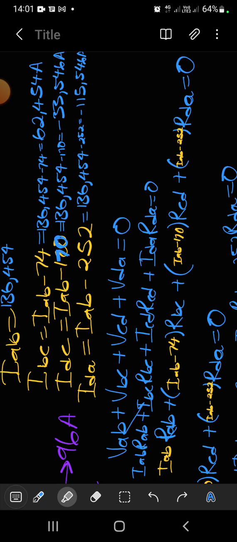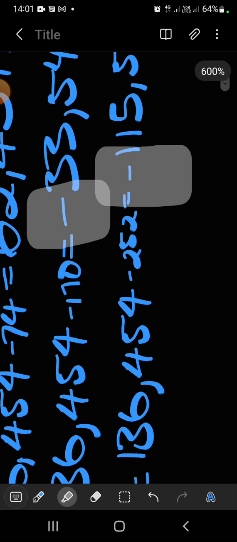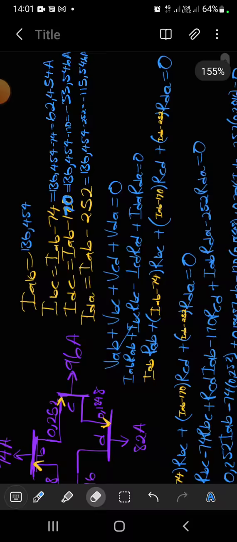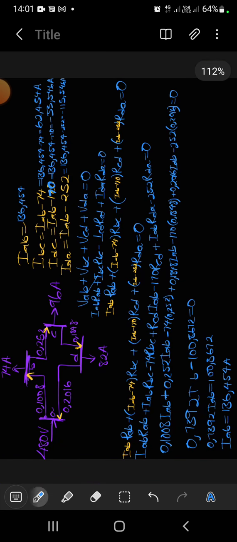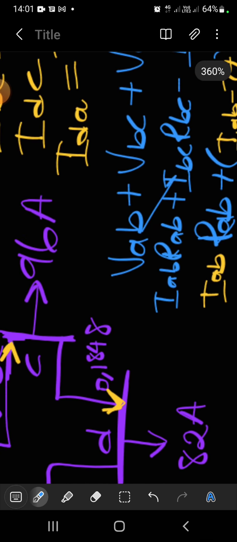115,546 amps as DA. Now the negative, I know you've been told it will make me feel good to say it too. So I'm gonna say it. The negative there is just to make us aware that we actually got the directions wrong, for DC and DA.